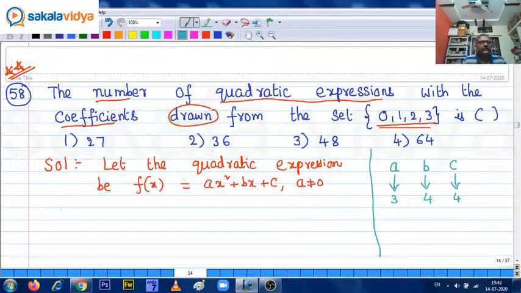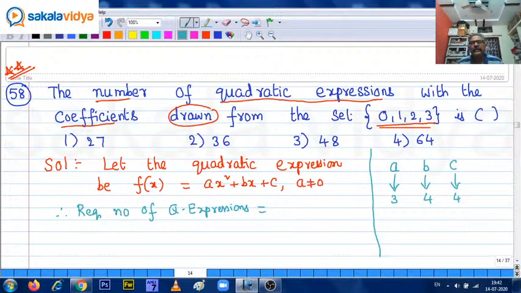Therefore, the required number of quadratic expressions equals the number of ways of filling three places from four elements with repetition.